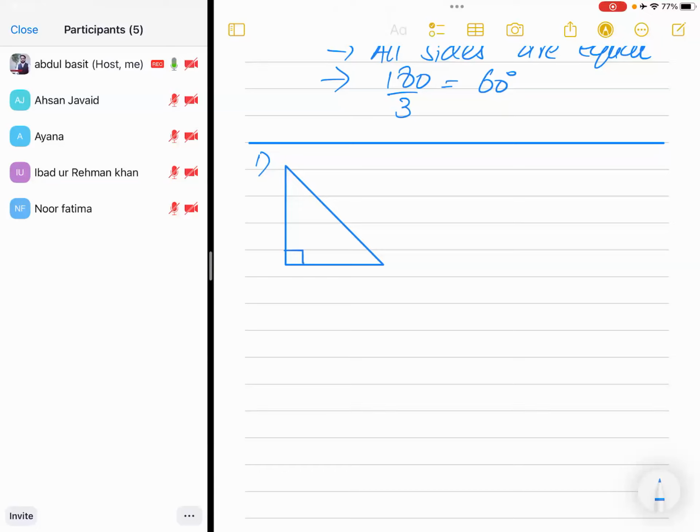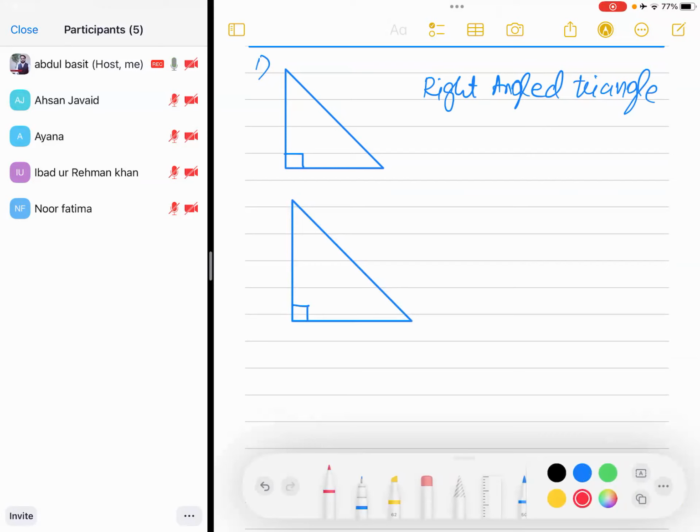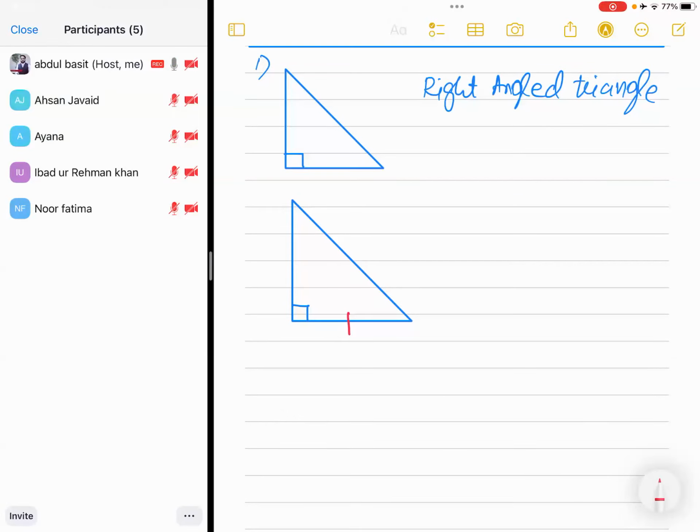What is the name now? Anyone? It is a right angled triangle. Okay, can you hear me? Yes, sir. It's a right angle triangle. Agree? Yes, sir. These two lines mean that these two sides are equal. Agree?